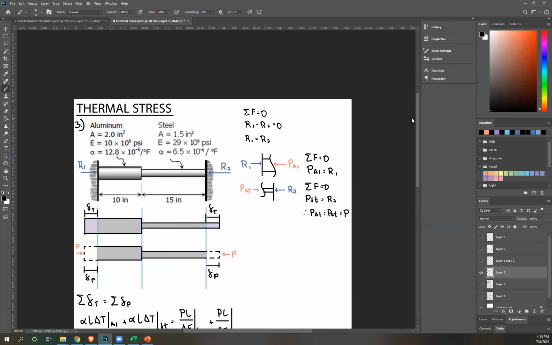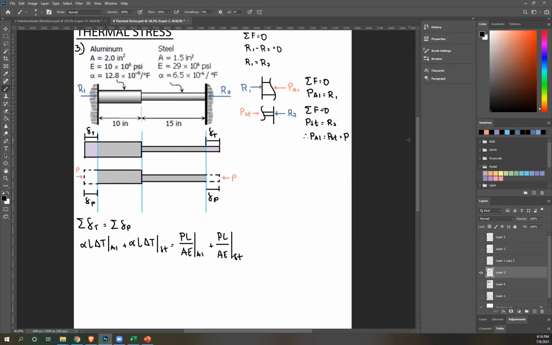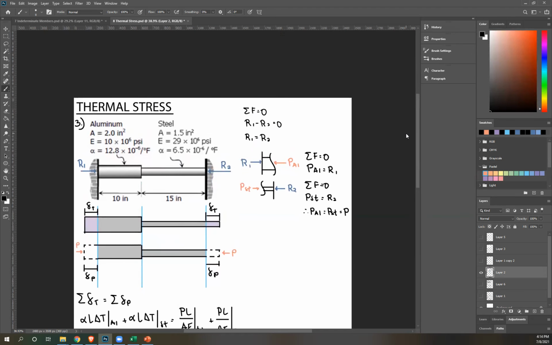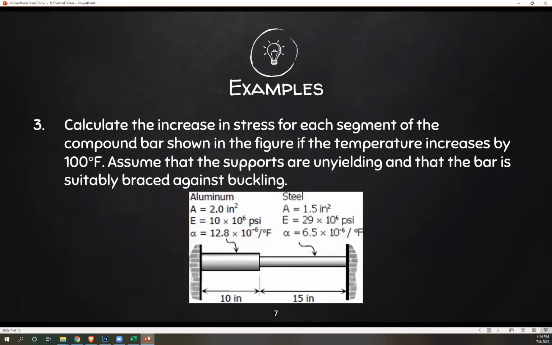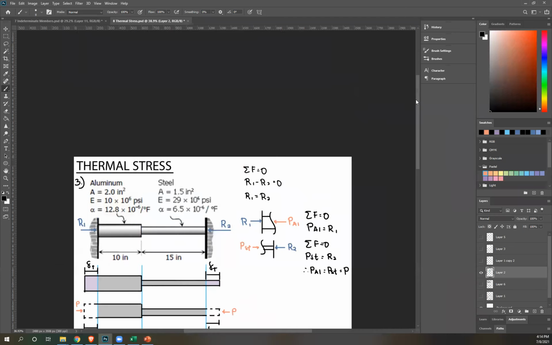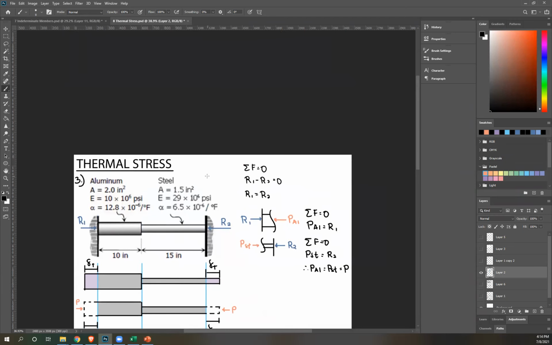Alpha for aluminum, 12.8 times 10 raised to negative 6. Original length, 10 inches. Okay, so 10. And then change in temperature. Let's check again here. Temperature increases by 100. So there's a positive change in T. So let's include that here.